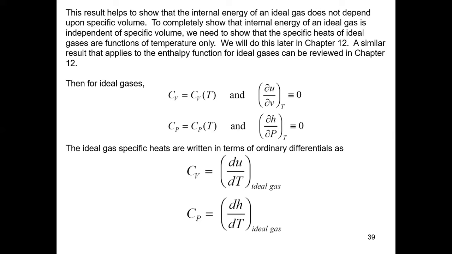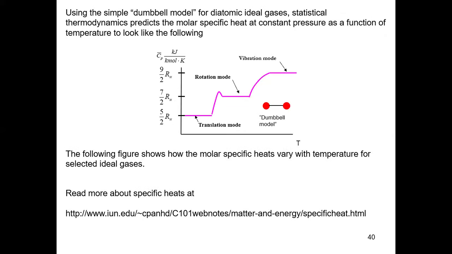So the ideal gas specific heats are written in terms of ordinary differentials. Because it's a function of only one variable, instead of writing partial derivatives, we write ordinary differentials. So Cv is du/dT for ideal gas, and Cp is dh/dT. That means Cv is the change in internal energy with respect to temperature for ideal gas, and Cp is the change in enthalpy with respect to temperature for ideal gas.